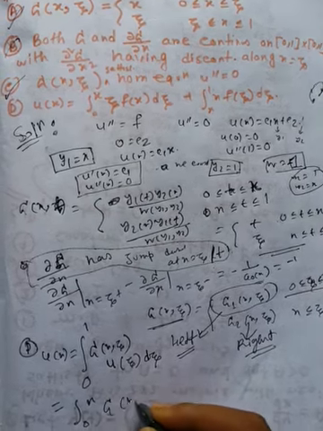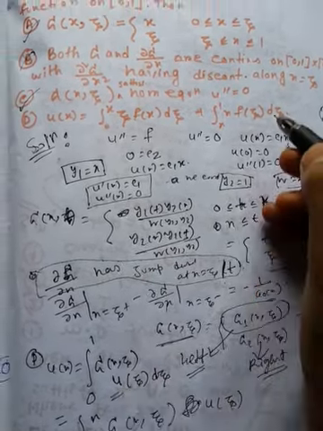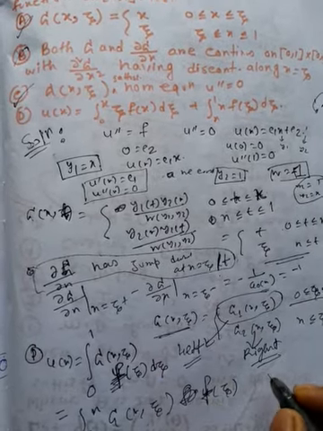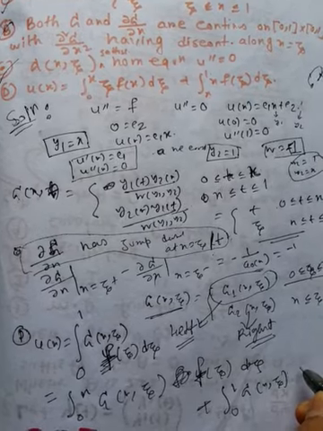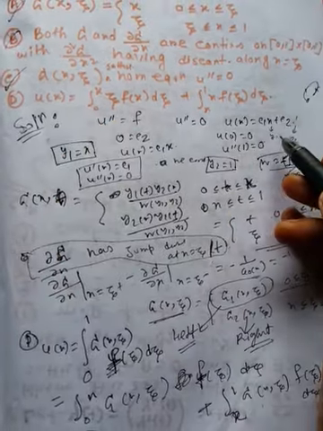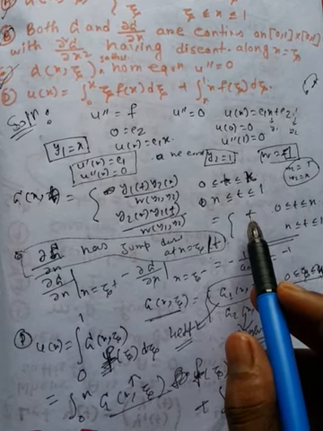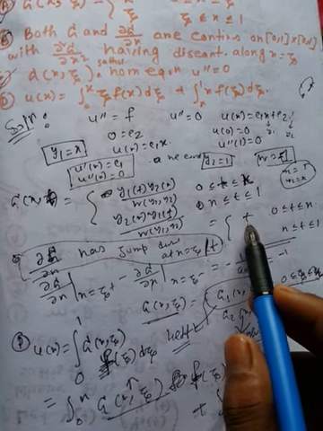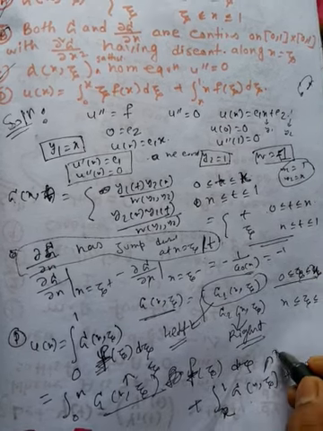So integration 0 to x of G(x, xi) f(xi) dxi plus integration x to 1 of G(x, xi) f(xi) dxi. Putting in the value of G: from 0 to x this is xi, and from x to 1 this is x.